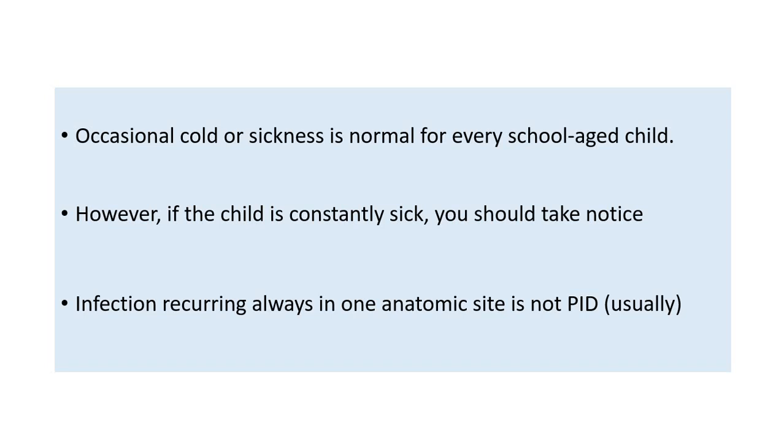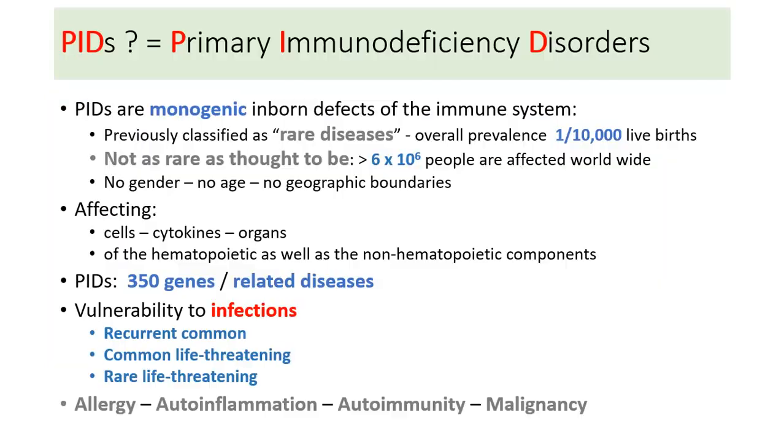If somebody is always having a urinary tract infection, I might rather look at a local anatomical problem, a stone or something that predisposes this particular person for recurrence of the infection at one anatomic site. But this is not the immune system in general that will be the one implicated.